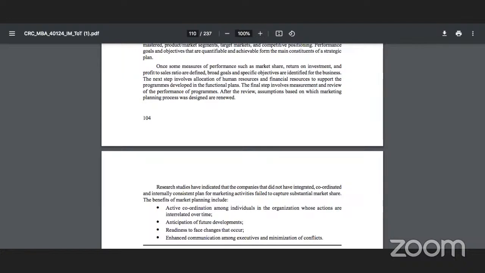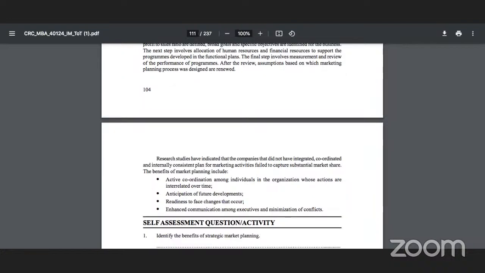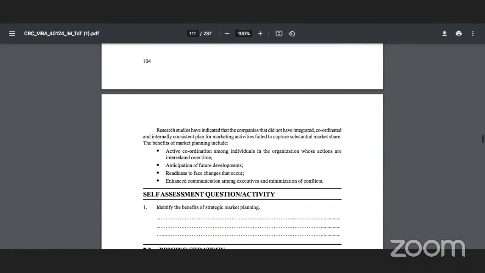So, the next step involves allocation of human resources and financial resources to support the programs developed in the functional plan. And the final step involves measurement and review of the performance of programs. This is a typical step that is seen in any kind of a planning process, and the same applies for international marketing planning as well.